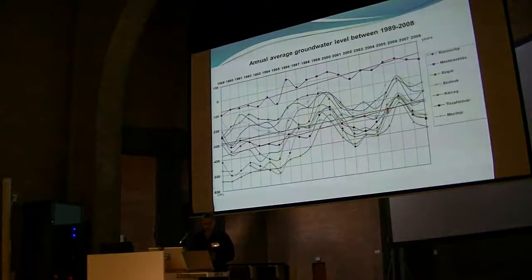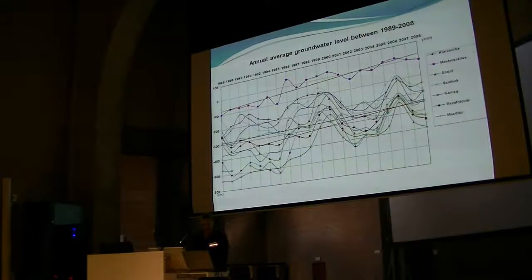And if we analyze the annual average of the groundwater level during the analyzed period, we can see from the trend lines that generally the groundwater levels increased in the last 20 years.